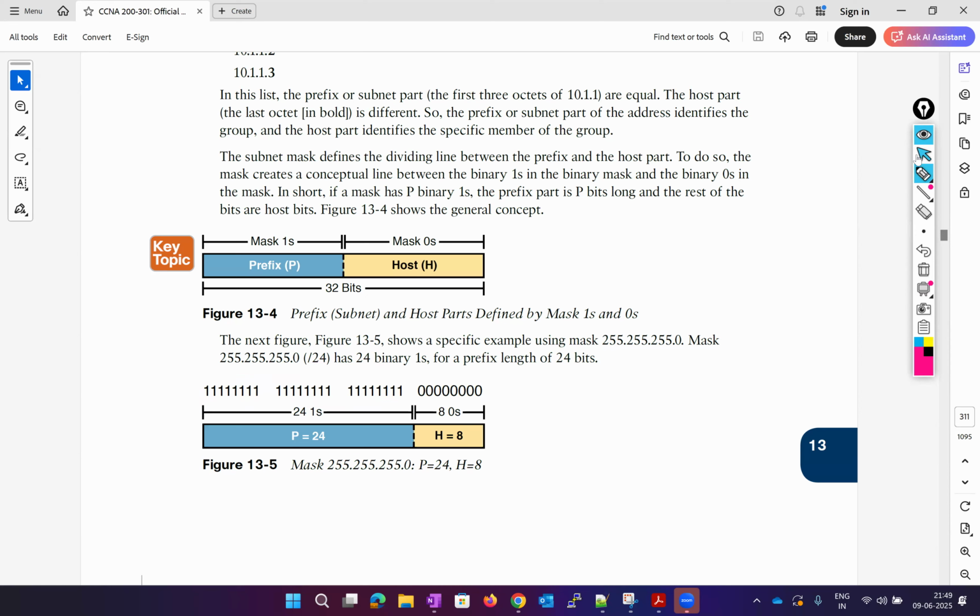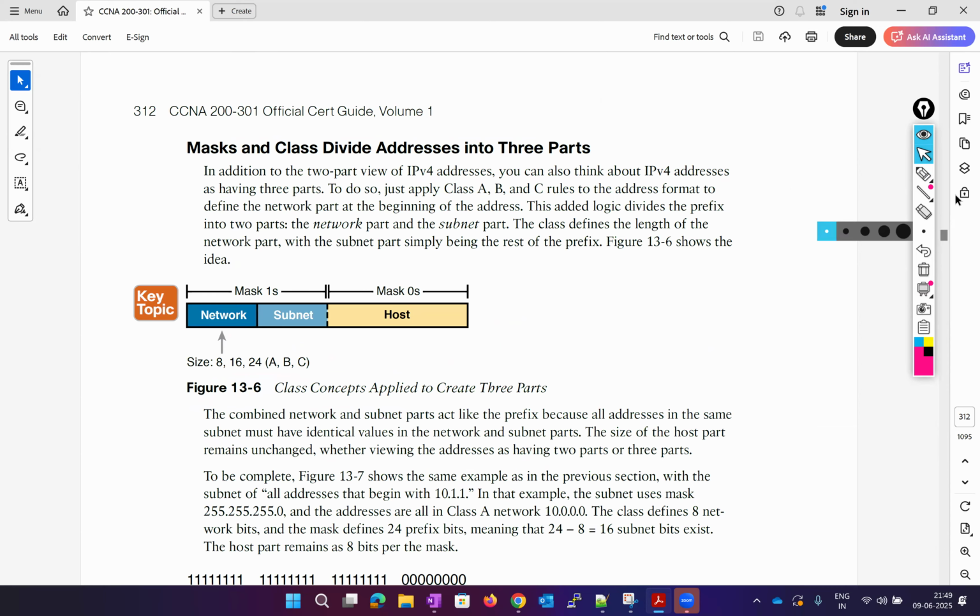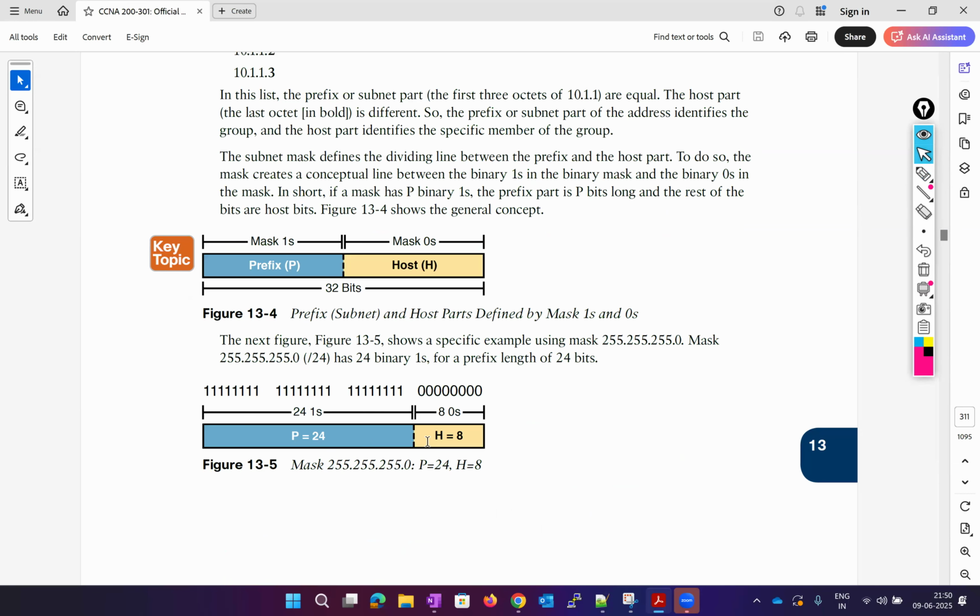Now, when you are subnetting, what is actually happening is a third part comes into picture, which is called the subnet part. So basically what happens, your network part is basically including the subnet part.